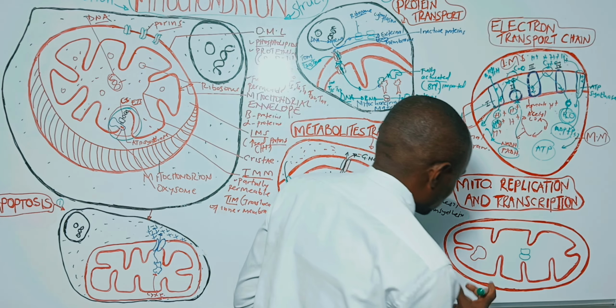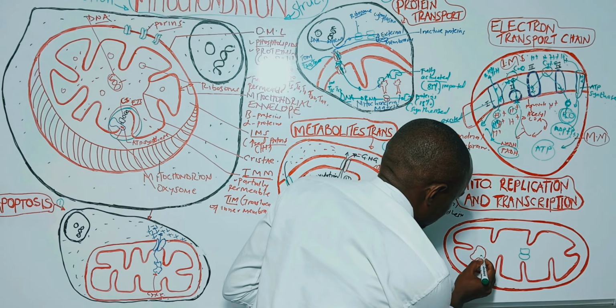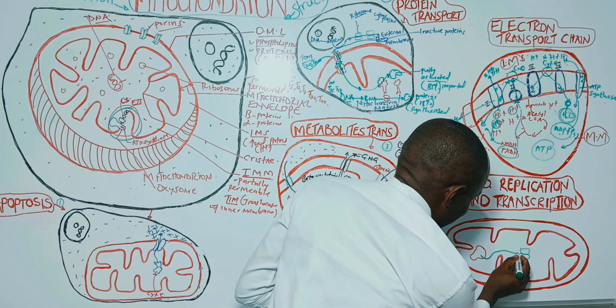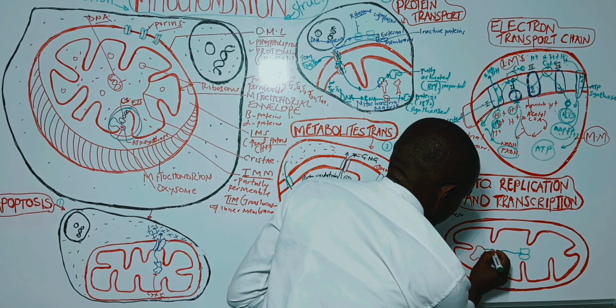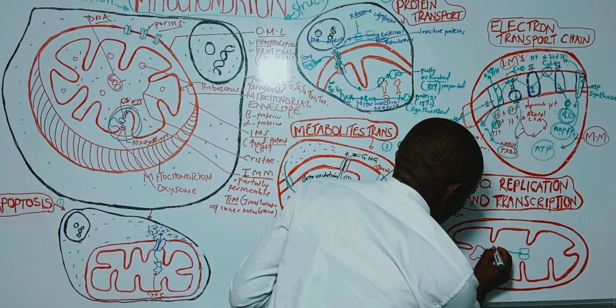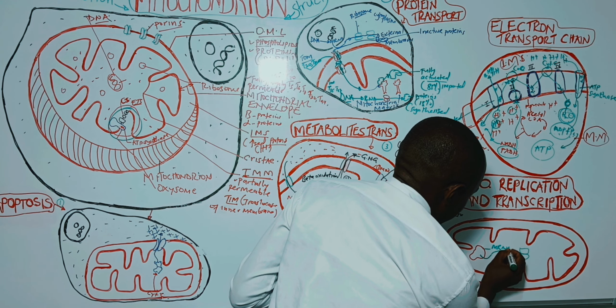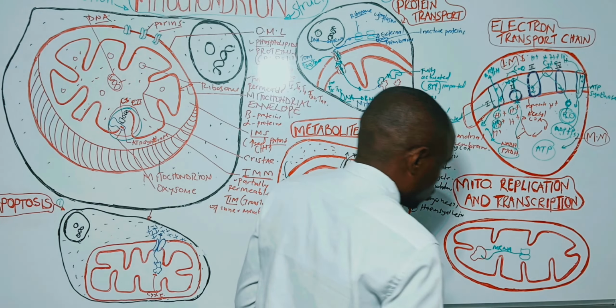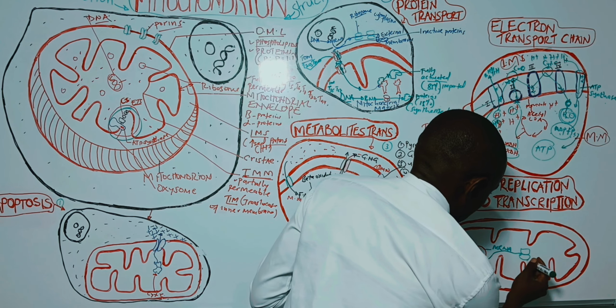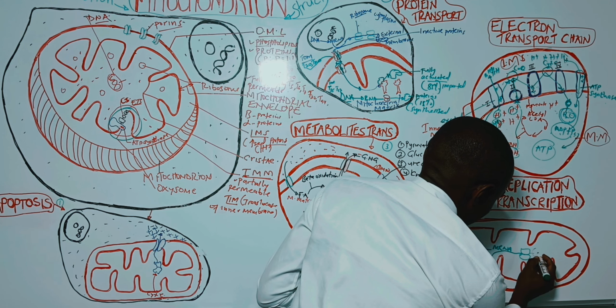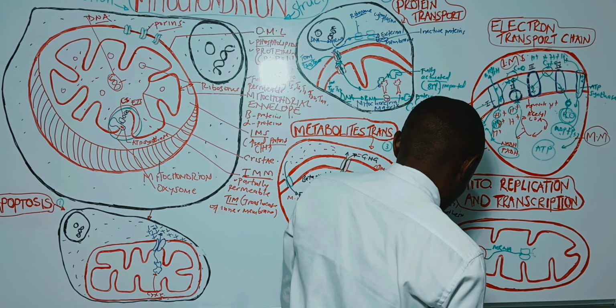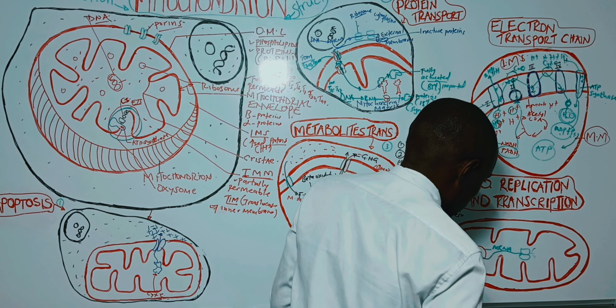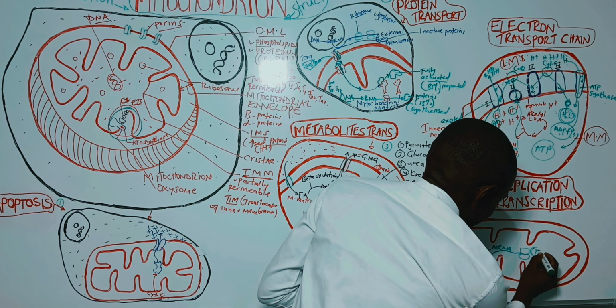So this mitochondria has DNA. This DNA has a tendency of undergoing transcription to form messenger RNA. This messenger RNA, what is it going to do? It is going to combine with the ribosomes, and then it's going to undergo translation to form the proteins.